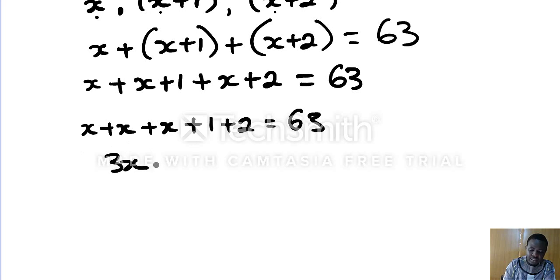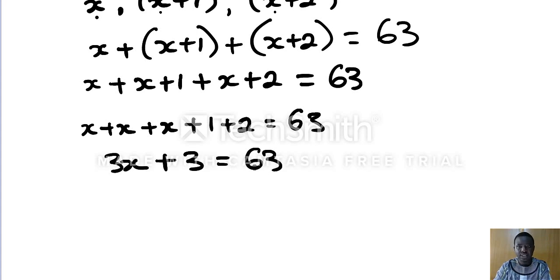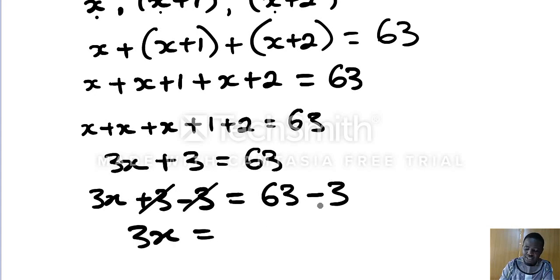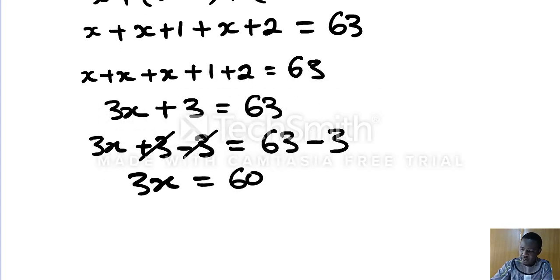We have it that 3x plus 3 is equal to 63. So if 3x plus 3 is equal to 63, let's subtract 3 from both sides because this is positive. This becomes 3x plus 3 minus 3 being equal to 63 minus 3. Plus 3 minus 3 becomes 0, leaving us with 3x is equal to 63 minus 3 is 60.